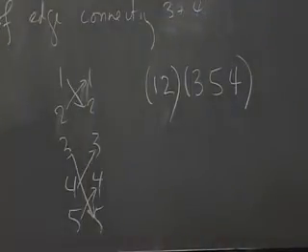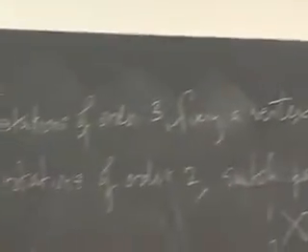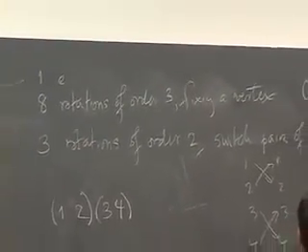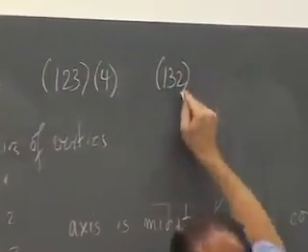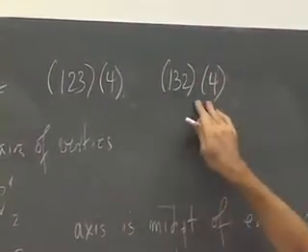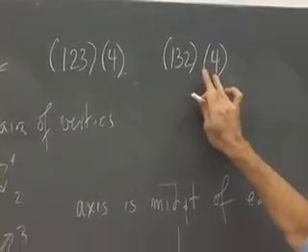So in particular, these rotations of order 3 look like this. 1, 2, 3, 4. 1, 3, 2, 4, because those are the 2 rotations that fix the element 4.